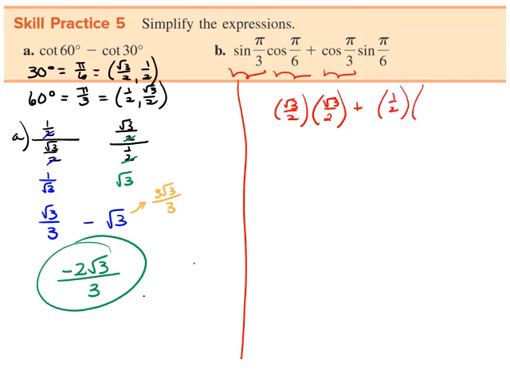And sine of pi over 6 is also 1/2. Remember, with fractions, you multiply across the top and across the bottom. Root 3 times root 3 is 3 over 4, plus 1/4. 3/4 plus 1/4 is 4/4, which is equivalent to 1.